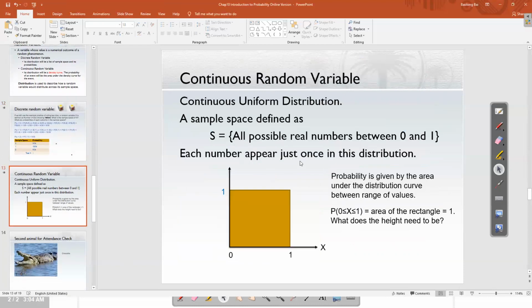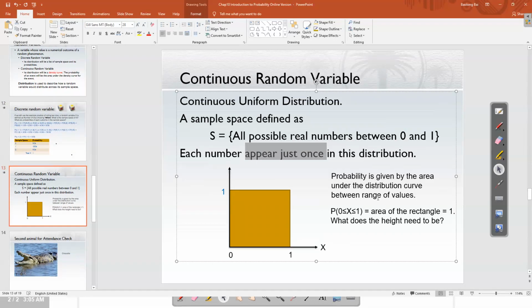Okay. So now let's talk about a continuous random variable. A continuous variable will take all the possible real numbers, right? So for example, if you define a variable x as a number in a sample space between 0 and 1, so x will be any number between 0 and 1, and every number appears just once.